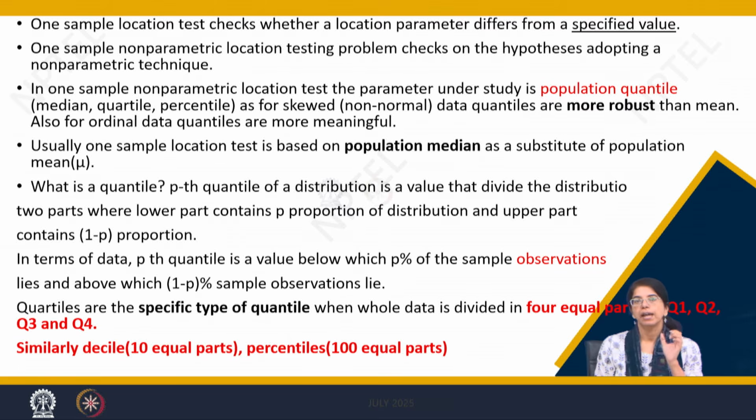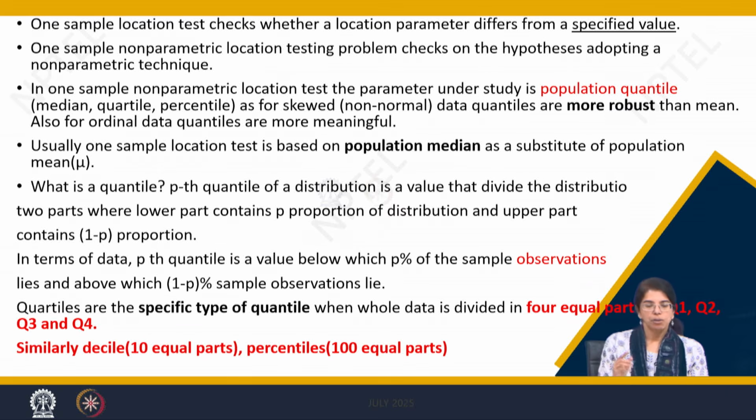Quantiles have some particular cases. The most particular case of quantile is quartiles. In quartiles, the entire data is split into 4 parts. Okay? So, there are 4 equal parts and each part is demarcated by the first quartile, second quartile, Q3 and Q4.